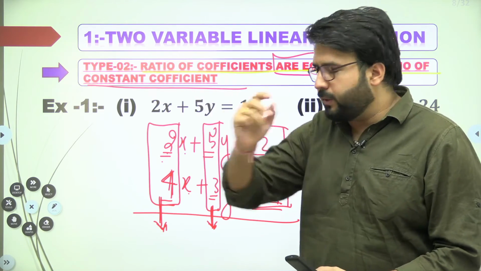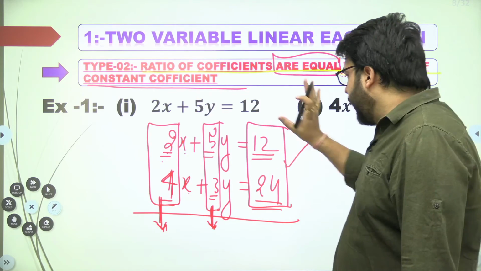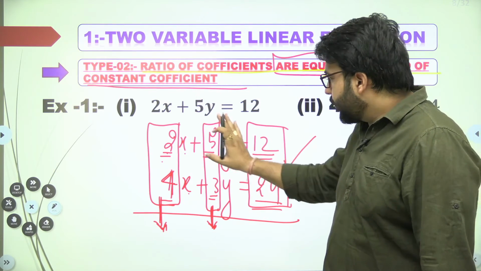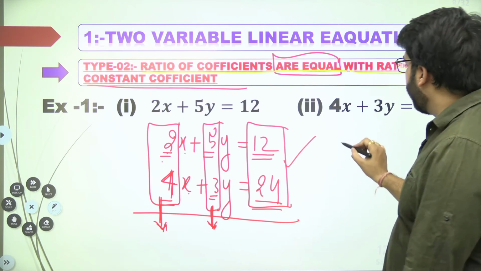There will be two types in this equation. First, the coefficient of x will be equal to the constant coefficient, or the coefficient of y will be equal to the constant coefficient. So we have to focus on these two types.